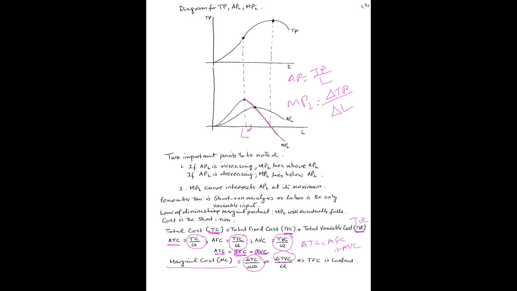Because total variable cost actually is responsible for the changes in the total cost, because fixed cost doesn't change. The cost of fixed inputs is fixed. There's no change. This is what I have written here, that TFC, total fixed cost, is constant. So if I write change in total fixed cost, that is equal to 0.